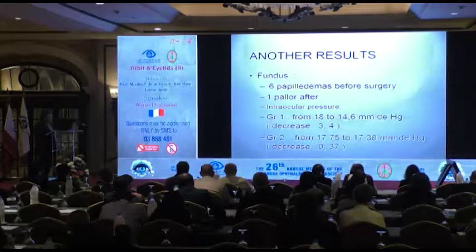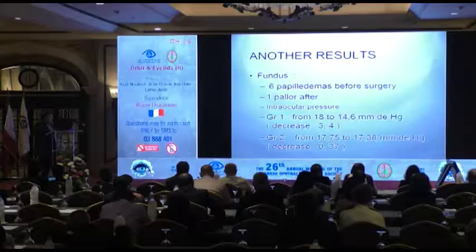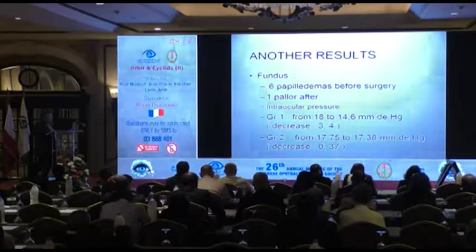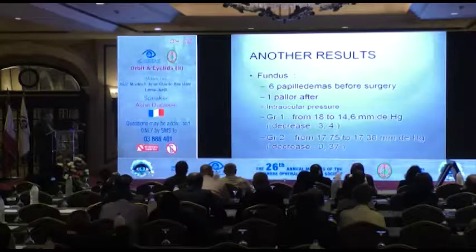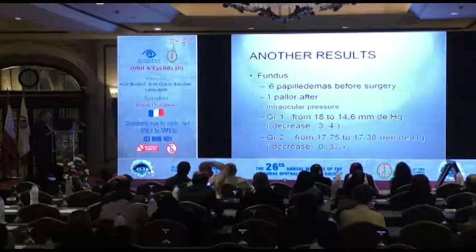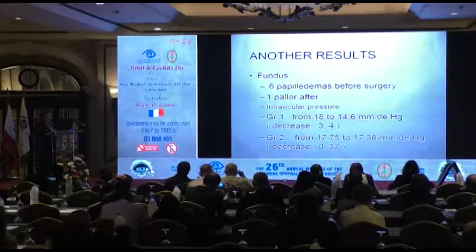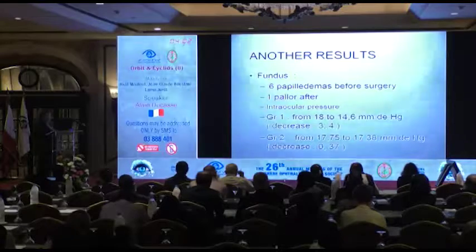After the surgery, no papilledemas. And for the intraocular pressure, in group 1, the pressure decreased by 3 points. In group 2, only 0.37. I don't know why.